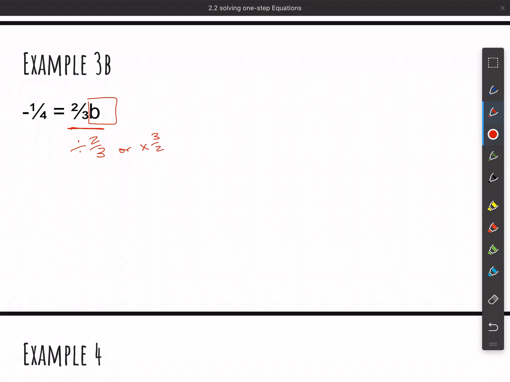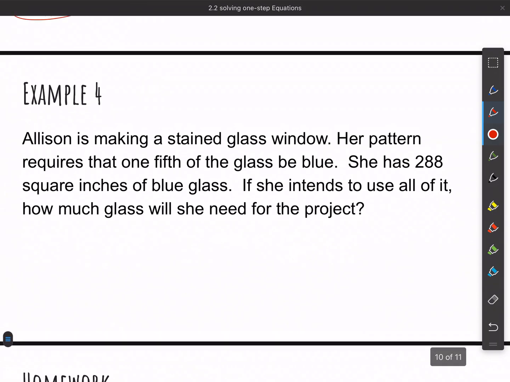So we multiply both sides by 3/2. We have 3/2 times negative 1/4 is equal to b. If I do that out, I get negative 3 over 2 times 4, which is 8. And we're done. So that's example 3b.